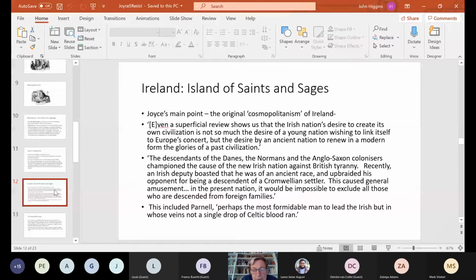This, he writes, actually caused general amusement in the press, for in the present nation it would be impossible to exclude all those who are descended from foreign families. And he points out that the key nationalist politician, the most successful until his downfall, was Parnell. He was perhaps the most formidable man to lead the nationalist movement, and in his veins not a single drop of Celtic blood ran.